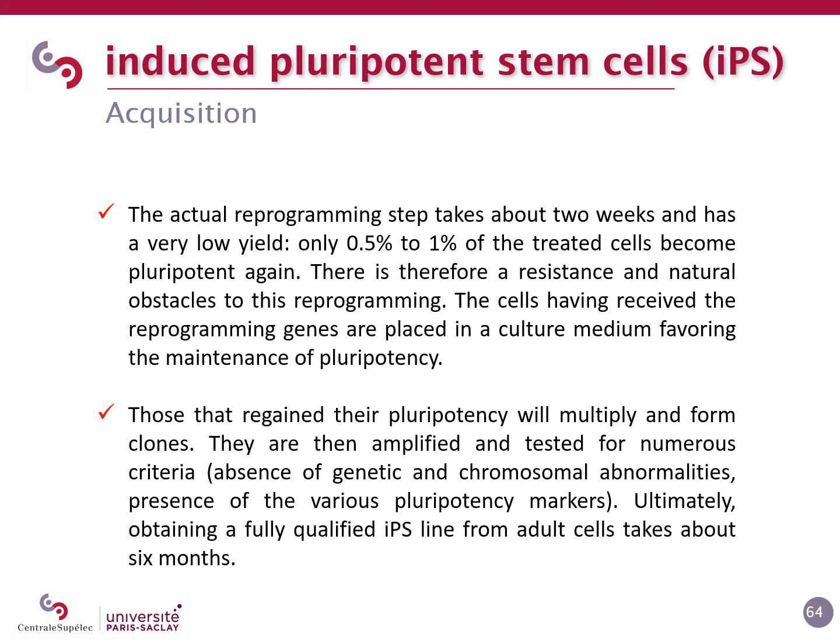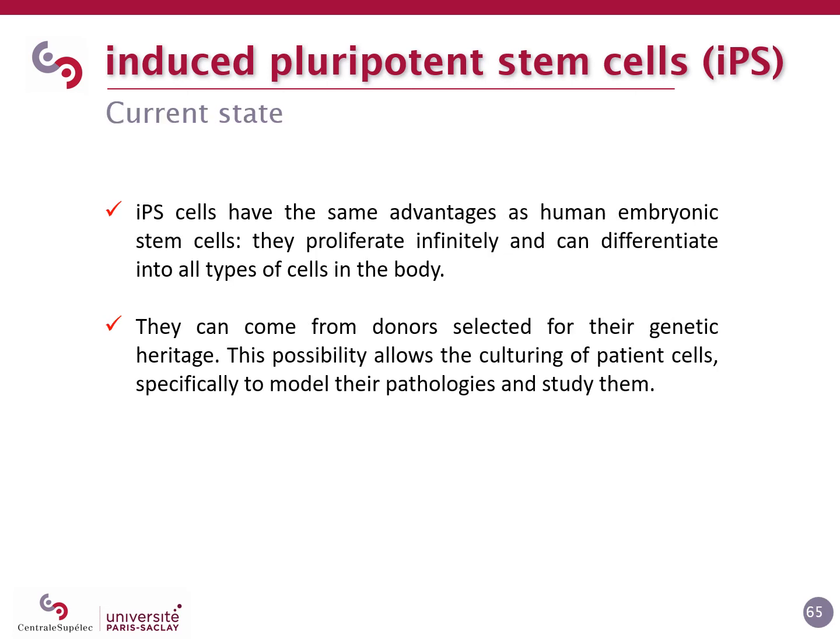They are then amplified and tested for numerous criteria: absence of genetic and chromosomal abnormalities, presence of the various pluripotency markers. Ultimately, obtaining a fully qualified iPS line from adult cells takes about 6 months. iPS cells have the same advantage as human embryonic stem cells.